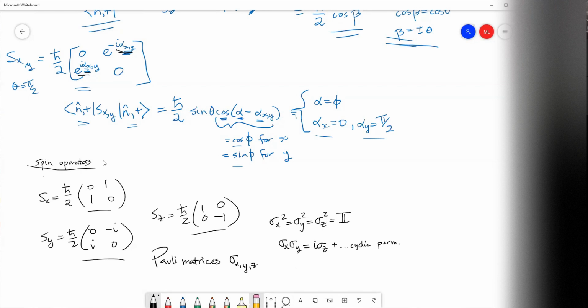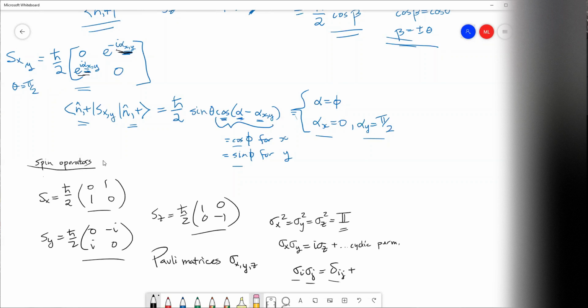So the general way of writing that is that sigma i sigma j, where i and j are either x, y, or z, is delta ij. So if they're the same, then this just gives you 1. This is that identity piece.